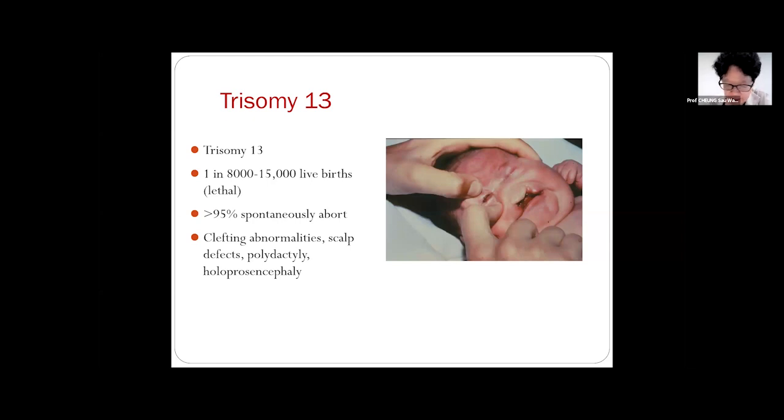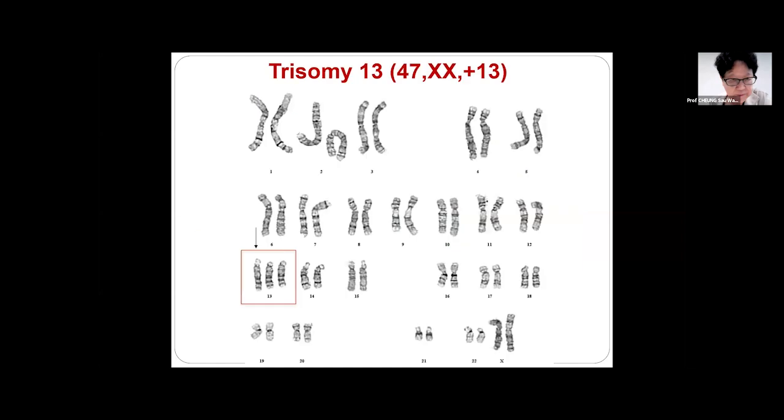So these we consider lethal because they usually die in the first year. In trisomy 13, you can see this is 47 chromosomes, and it's a female, XX, and on chromosome 13 you have three of them, so that's how we diagnose trisomy 13.